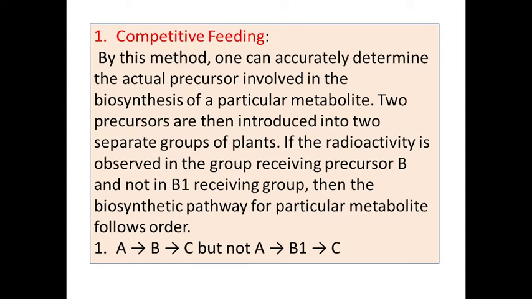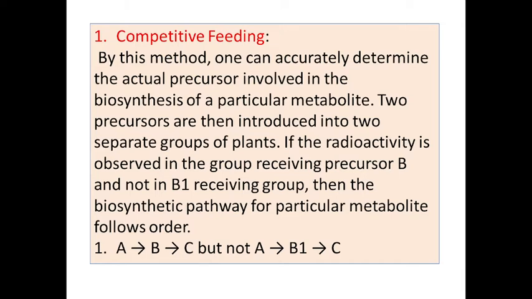After introducing that, whether the plant will follow the normal pathway to synthesize that particular metabolite, or due to addition of that label compound it will use another subsidiary pathway, that should be determined by using the competitive feeding method.